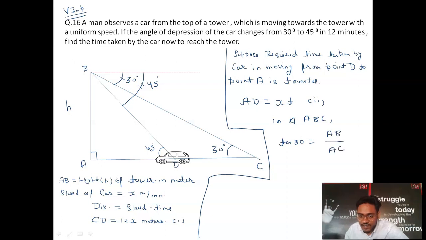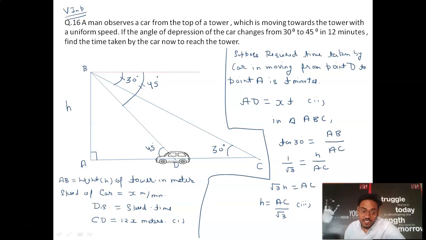The value of tan 30 I know very well, 1 by root 3. AB I assumed H. So I will get root 3 H equals AC. We don't want H, so we have to eliminate it. Let me write H in terms of AC: H is AC by root 3, and say it's equation number 3. Clear?